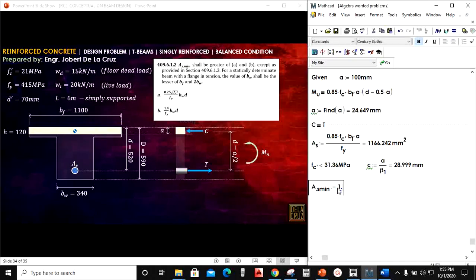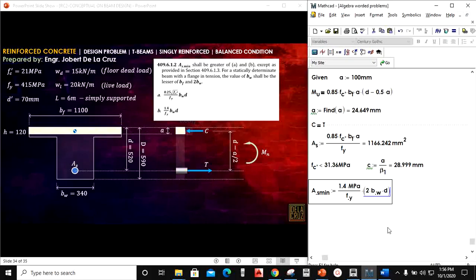So, 1.4. I will just put a unit here over Fy. Okay, I need a unit here so that it won't error in Mathcad. Times bw d. And take note, I will substitute bw d here as 2 times bw, times d, because of this statement here, 2bw.